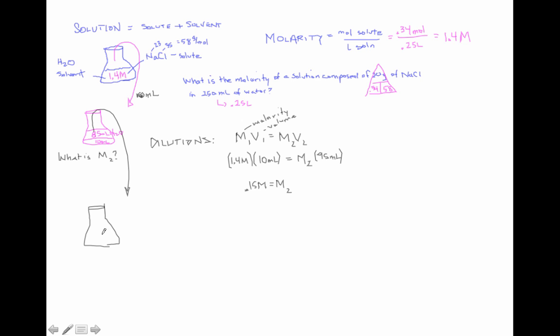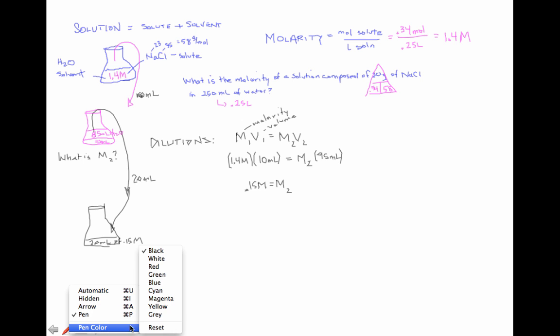So let's say we take 20 mils this time, drop it in here. So we have 20 mils of the 0.15 molar, and you add a new quantity of water to it.